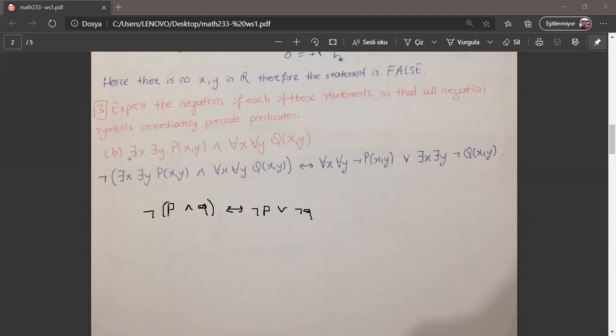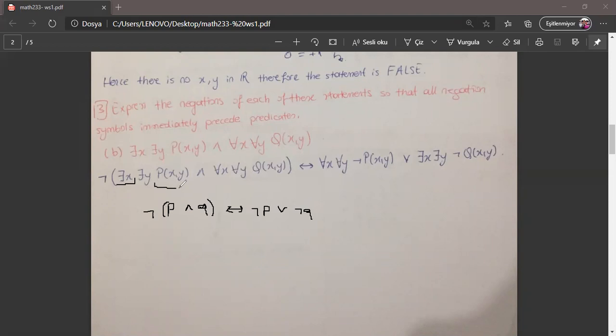What's the negation of this? It's for all x, okay? The negation of there exists some y is for all y, okay?